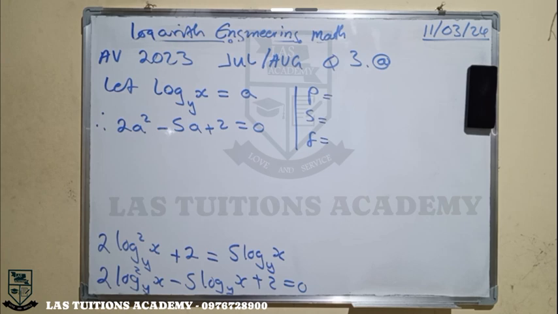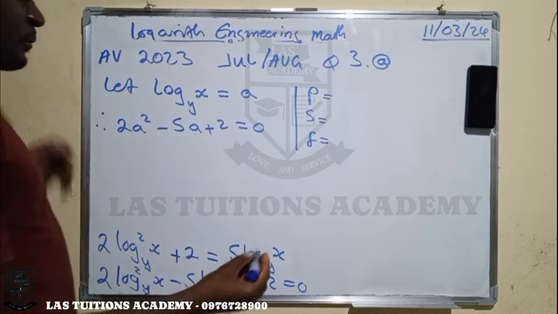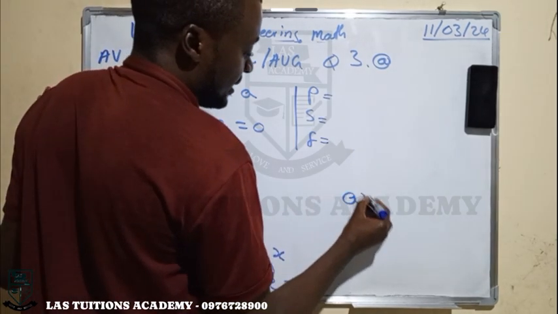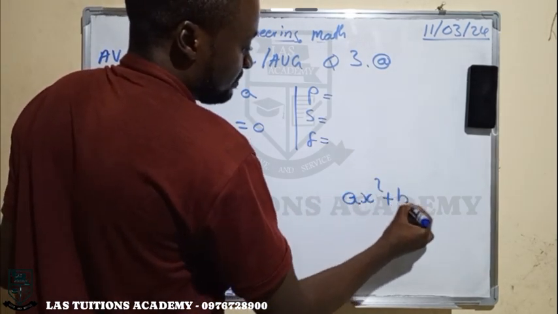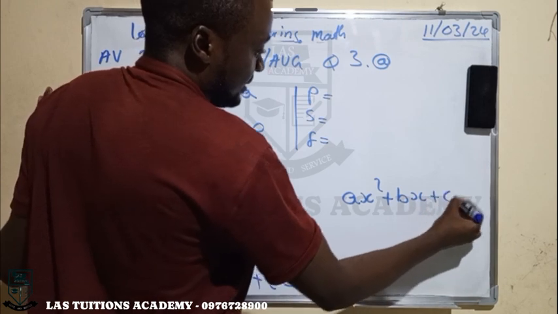Brandon, what is the product there? Is the product -5? The general quadratic equation is ax squared plus bx plus c is equal to 0.